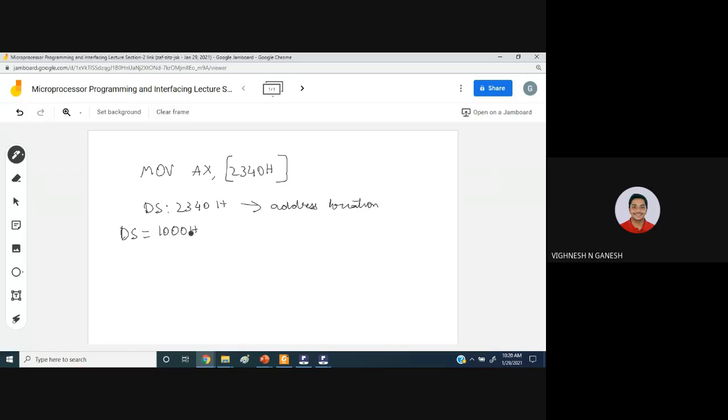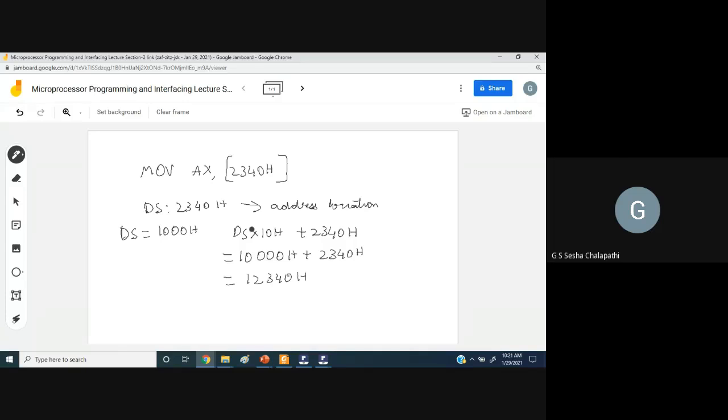DS multiplied by 10H plus 2340H. In this case, it becomes 10000H plus 2340H, which is 12340H. This will be the address.